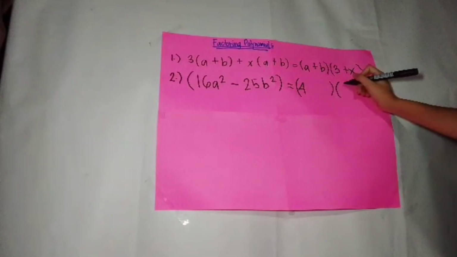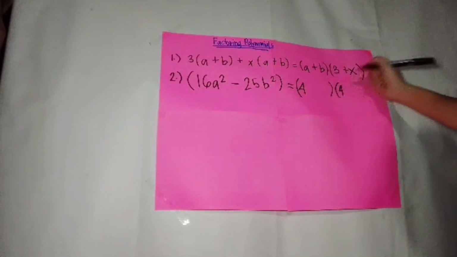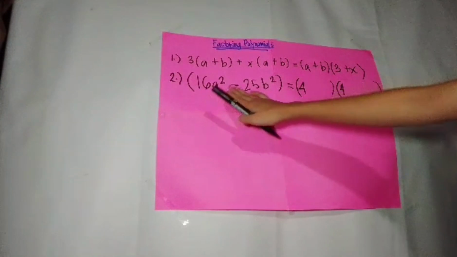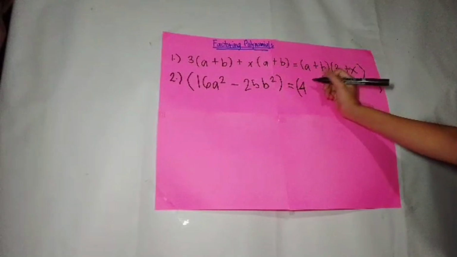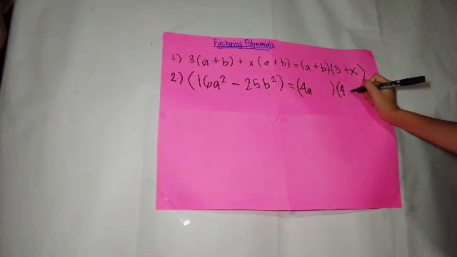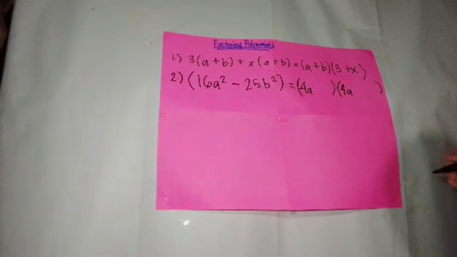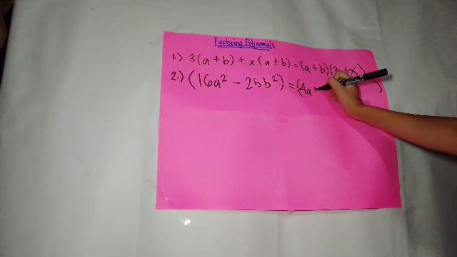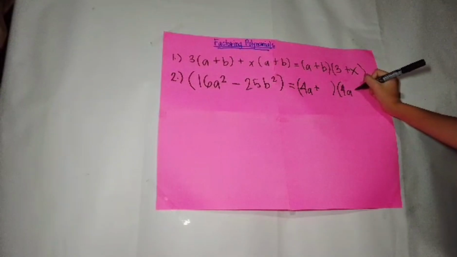4 times 4 is 16. And then a squared, separate a and a. And then 1 plus, 1 minus.